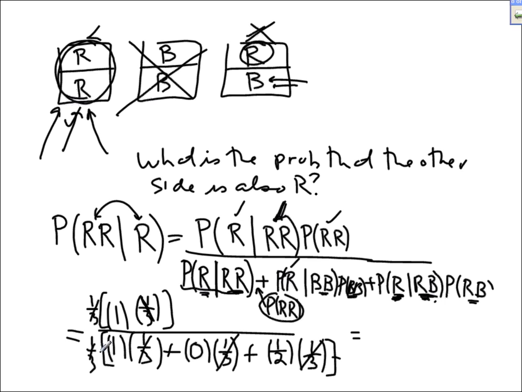So what you have is 1 on the top, on the bottom, you have 1 plus 0, which is 1, plus 1/2. 1 plus 1/2 is 1 1/2, 3/2. That's 2/3. Multiply 1 by this flipped over. 1 times 2/3 is 2/3. So 2/3 of the time, the other card will also be red.